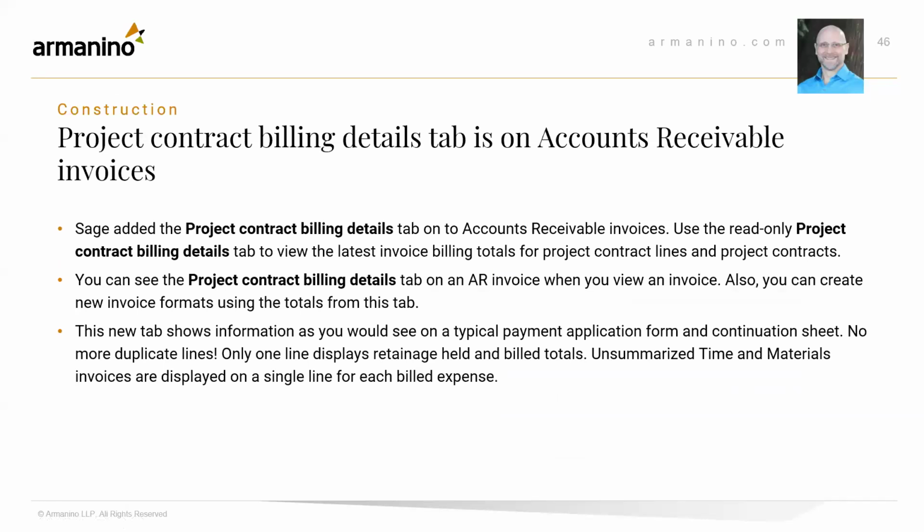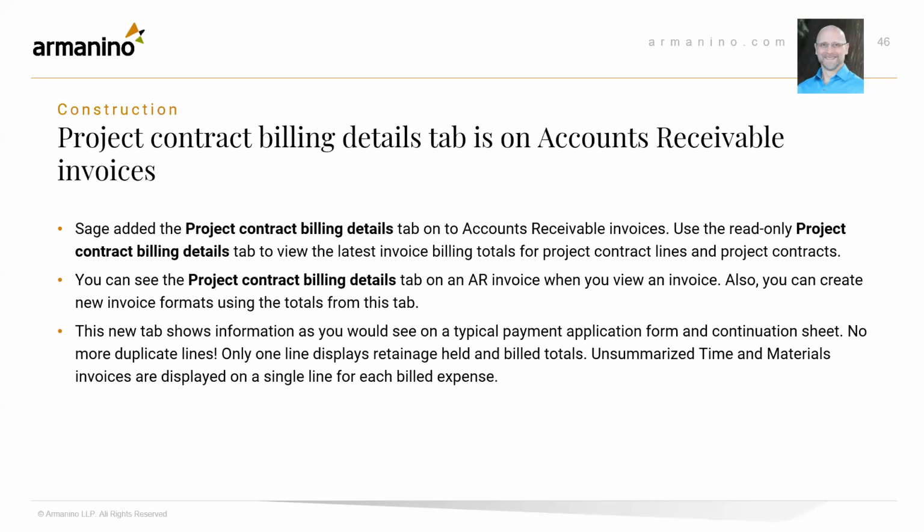Project contracting, billing details tab, and AR invoices. That's pretty cool because it added the ability for read-only project contract details on a tab there in the invoice billing totals. So that's very nice on an AR invoice. When you view that, you can also create new invoice formats using the totals from this tab as well, which is super exciting.